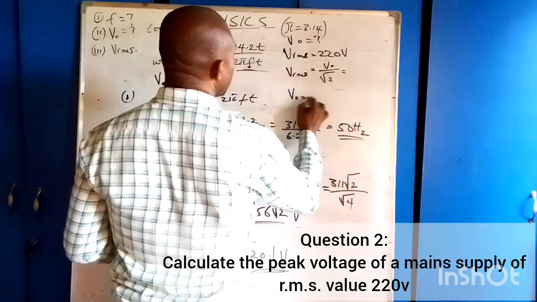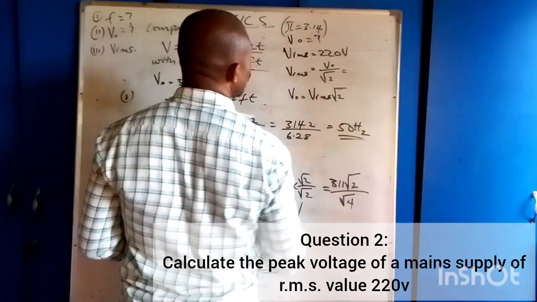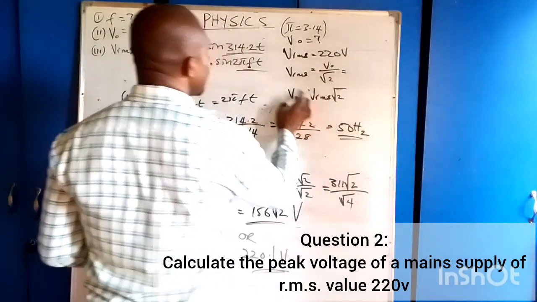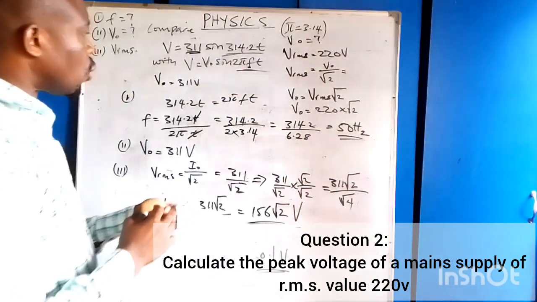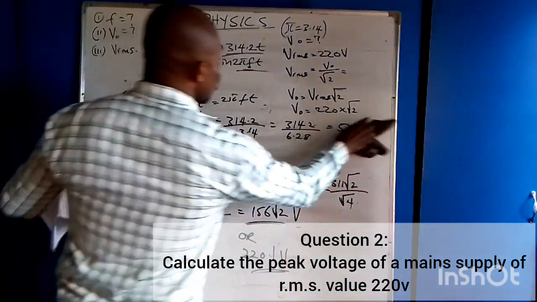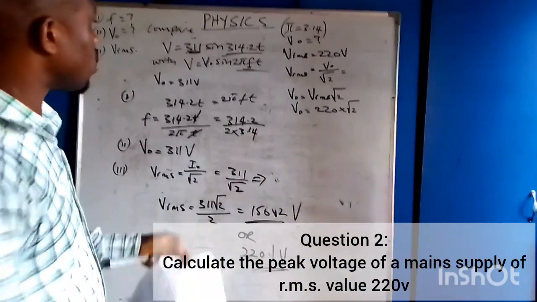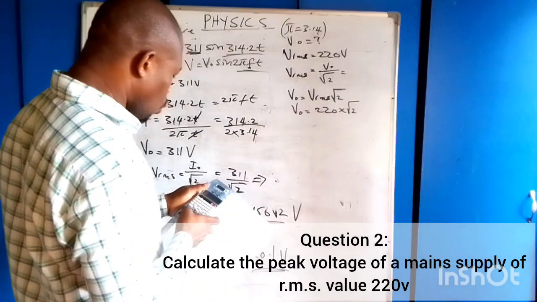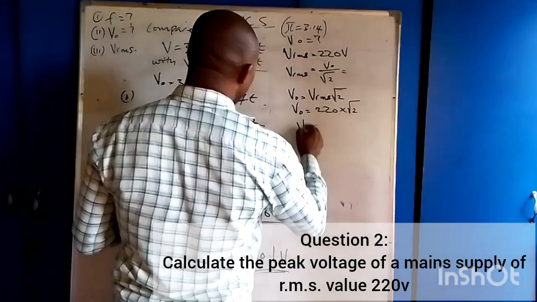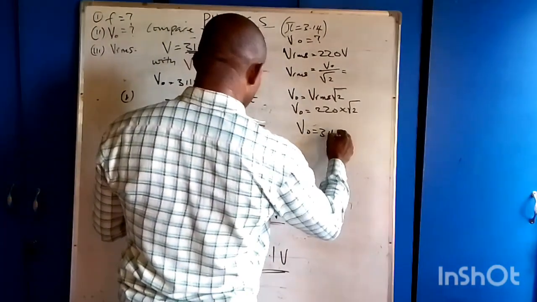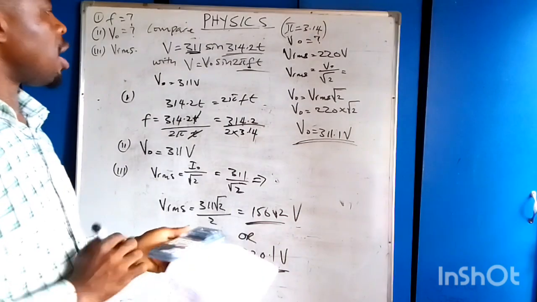So by cross multiplication, V naught will give us VRMS times root 2, which is 220 times the square root of 2, and it will give us that V naught is 311.1 volts. So that is our value.